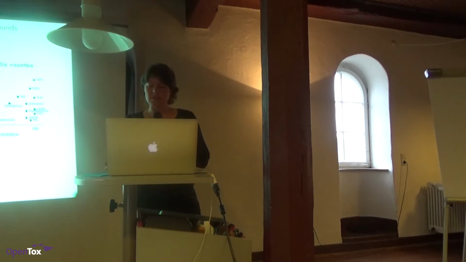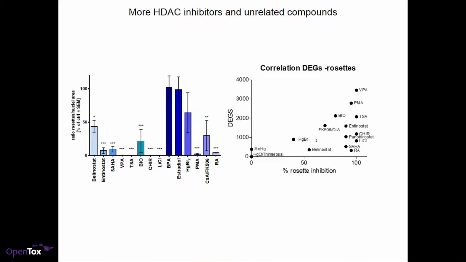So now the next question arose: do these correlate with differentially expressed genes? Can we say, okay, if genes are changed on day 6, do we then have an impact on rosette formation?